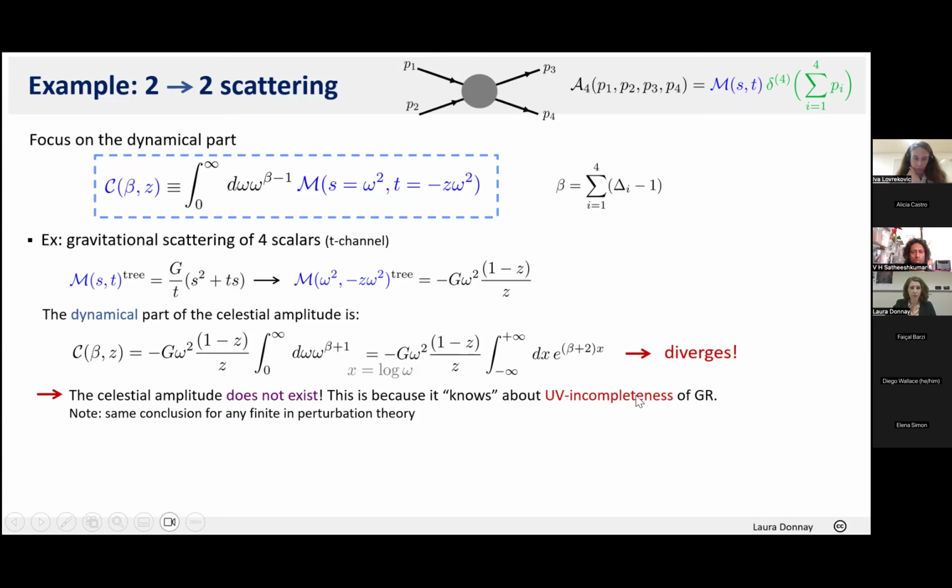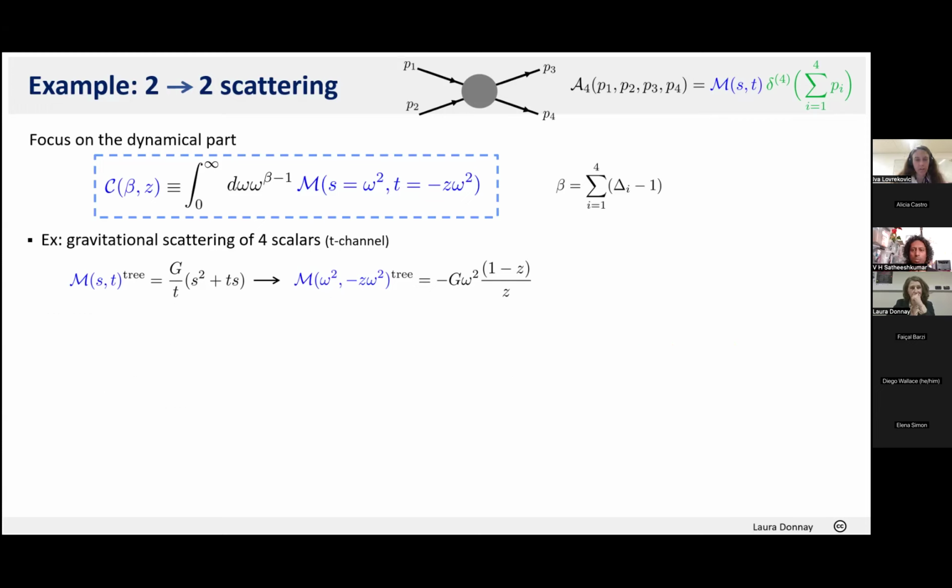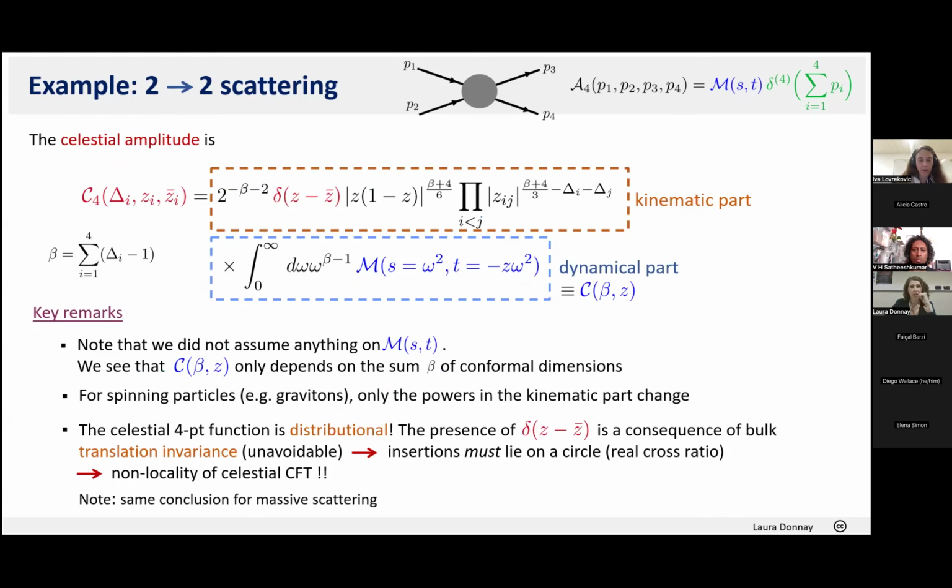Okay, so it's... sorry, I have a question here. Maybe it's also related to the previous slide. You said that if I have some kind of particle or field that's a higher spin particle, that is going to enter through these deltas on the previous slide. Yeah, you showed it right here. Yeah, so if you have a spinning, say, gluon or higher spin field, it is going to be encoded here in these powers.